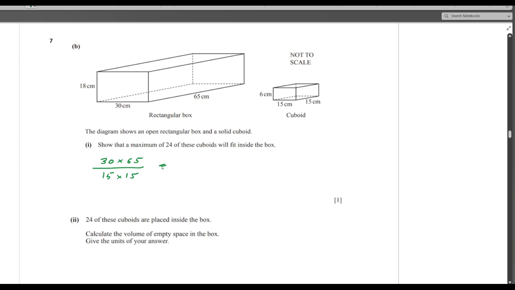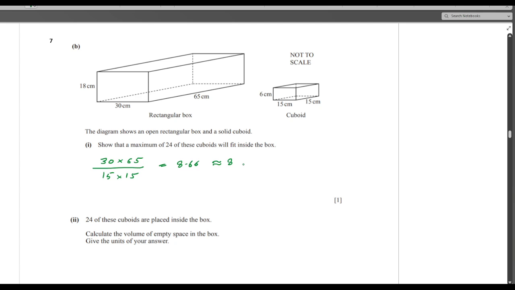So 30 times 65 divided by 15 times 15 gives 8.66. So 8.66 you cannot fit. You can fit 8 or 9. So here we will fit 8, right?